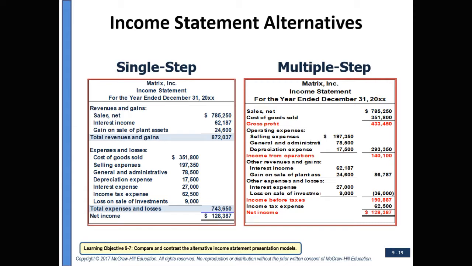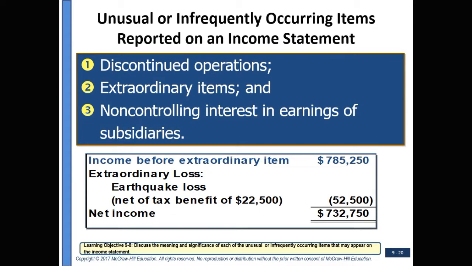Now, in the course of any business, you're going to have some extraordinary things happen. These are unusual or infrequently occurring items, and they will appear on your income statement when they do occur. They can be from discontinued operations, and that could just be a discontinued plant, a discontinued line, or discontinuing an entire brand.